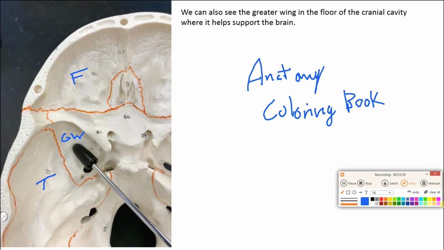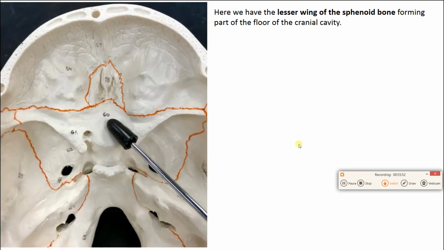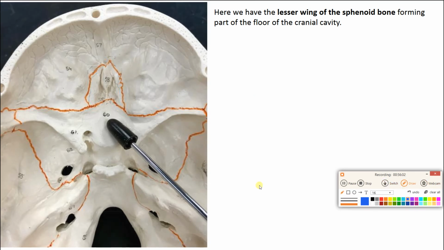Greater wing. Fantastic. It's in the cranial cavity here. If you're in the cranial cavity, you are supporting the brain. All right, so what have we just been talking about? The sphenoid bone and the greater wing. If there is a greater wing, it stands to reason that there is going to be something called the lesser wing.